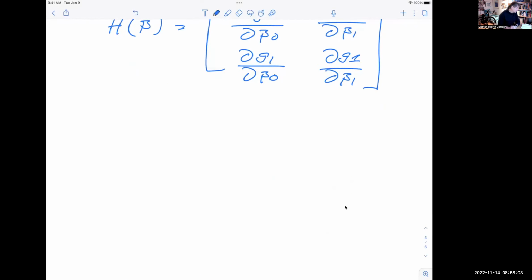Now, let's look at this Taylor expansion which we made. And let's now assume the following. We are going to make a new Taylor expansion just to illustrate how we could find an optimal learning rate.